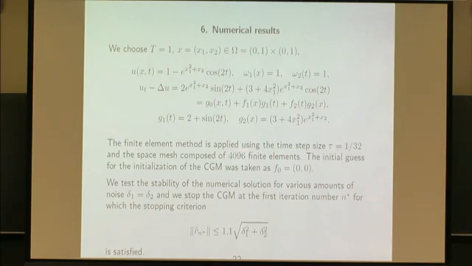We use a finite element method. The initial guess is arbitrary, and we take it to be 0, 0 in this case. Delta 1 and delta 2 stand for the amount of noise with which the input data is contaminated. N star denotes the regularization parameter, where you have to stop the iterations before the residual becomes too small.